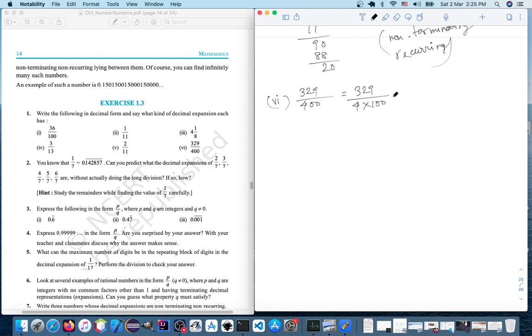So we can first compute 329 by 4, and whatever decimal expansion we are getting, we can finally divide that by 100. Can we do that? Yes, let's see.